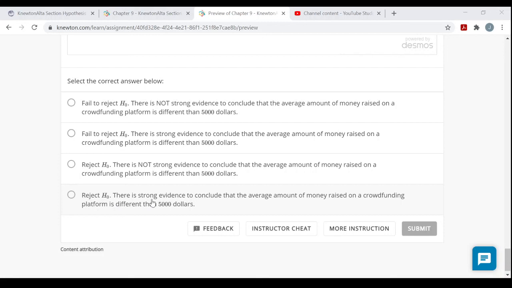So there is strong evidence to conclude that the average amount of money raised on a crowdfunding site is different than $5,000. We're concluding that that alternative hypothesis or the claim is probably correct. Right, so we rejected the null, supported the claim.